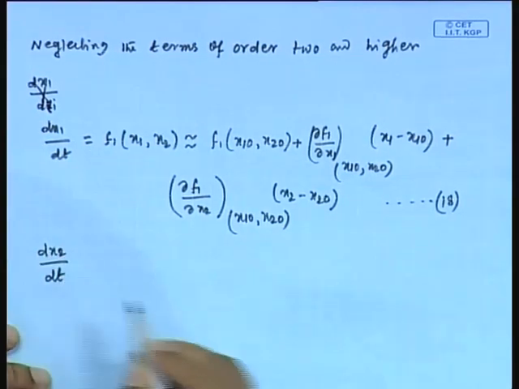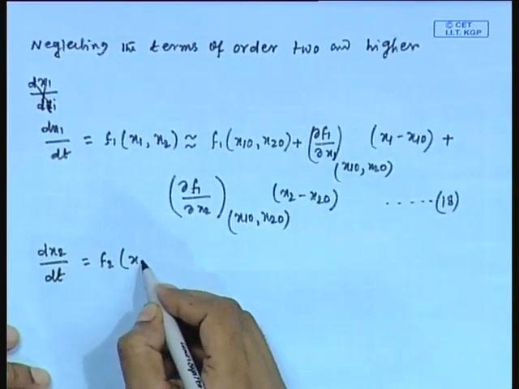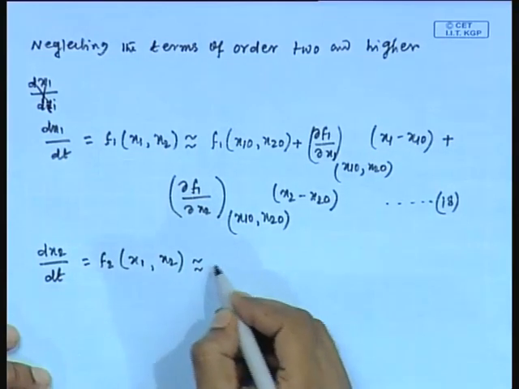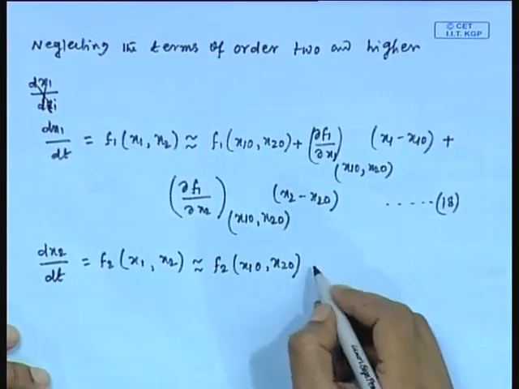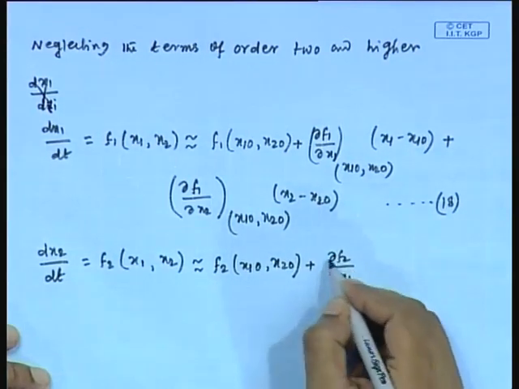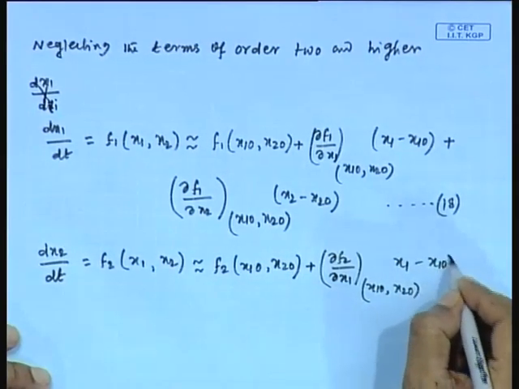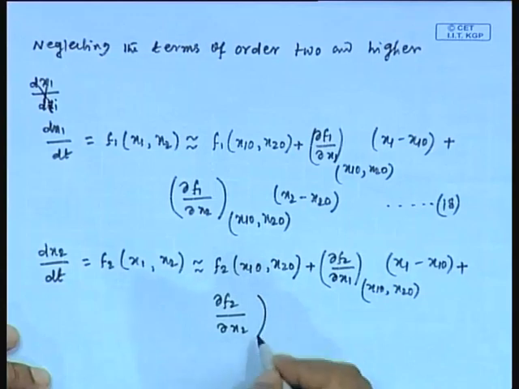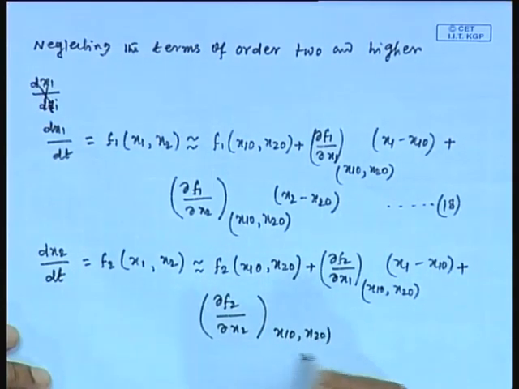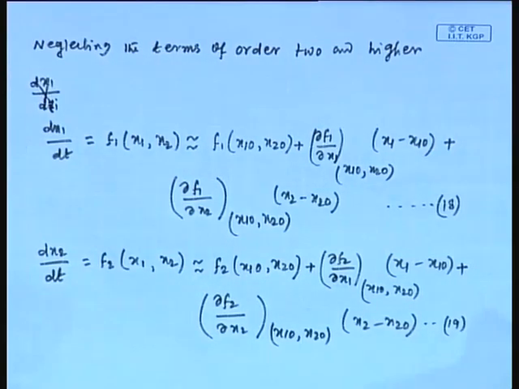Please write the second equation also: dx2/dt will be f2(x1, x2), approximated as f2 at x1 naught, x2 naught, plus del f2 by del x1 at x1 naught, x2 naught multiplied by x1 minus x1 naught, plus del f2 by del x2 at x1 naught, x2 naught multiplied by x2 minus x2 naught. Fine. So, this is equation number 19.